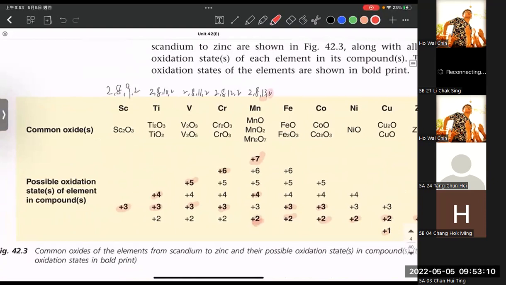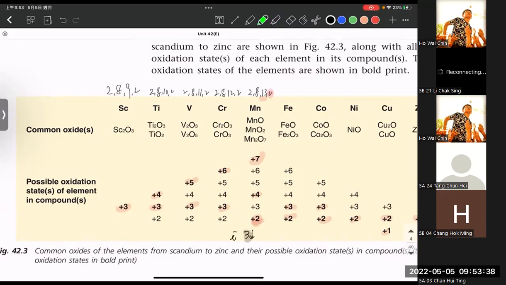For example, if we remove 2 electrons for that, the electronic arrangement will become 2, 8, and then 13. So 13 electrons, we have got a further split of electrons being 8. So here comes the 3D orbitals. Take a look at the 3D orbitals.